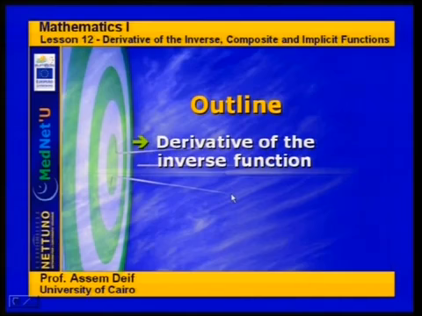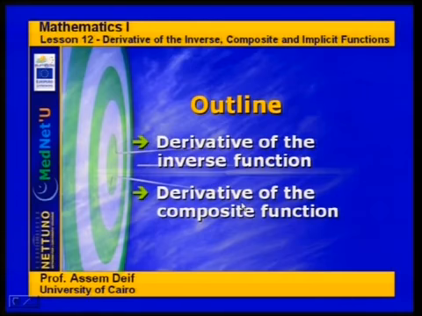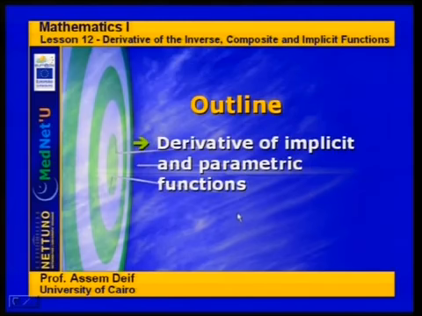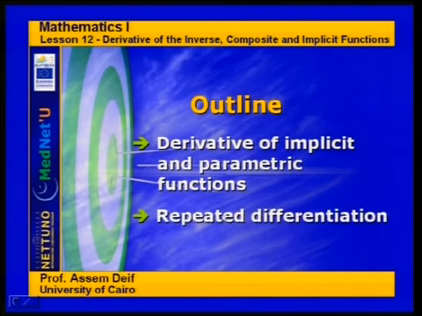It includes, of course, first the derivative of the inverse function as a notion, and then when it comes to the composite function, we shall also speak about when the function is in the form of a composite function between two functions, one interior and one exterior, like the form f of g of x, in which we spoke about when we consider composite functions, and then implicit functions as well, and parametric forms. And then finally, we end up with repeated differentiation.